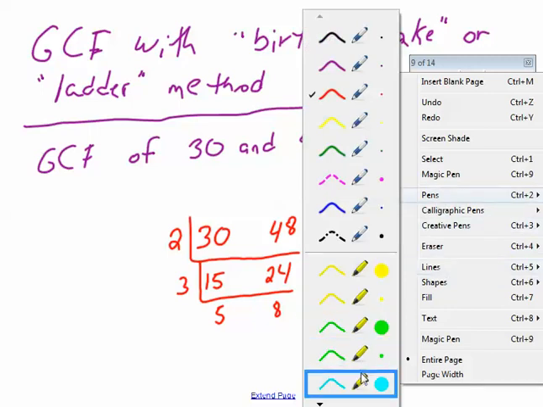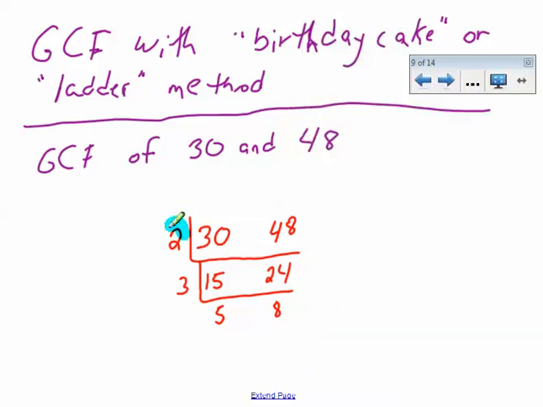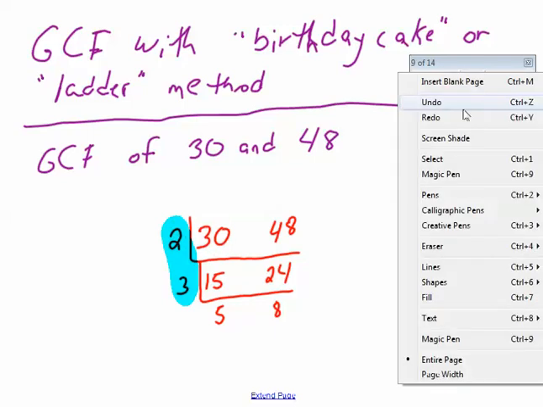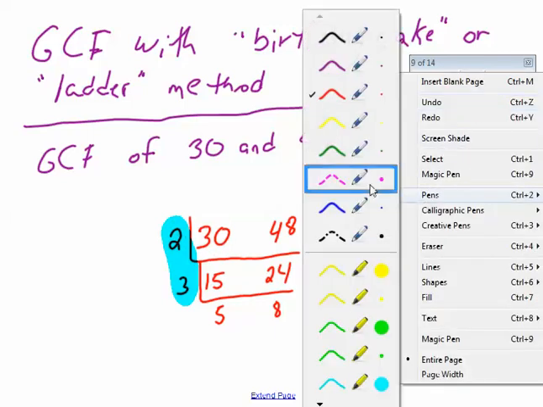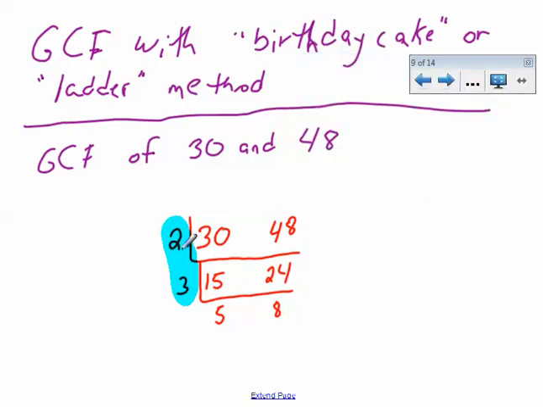So for GCF, we're only taking the numbers down the side and multiplying them. And if you don't have a highlighter there, we'll circle those numbers. So I'm going to do 2 times 3, which is 6, and that tells me that the GCF is 6.